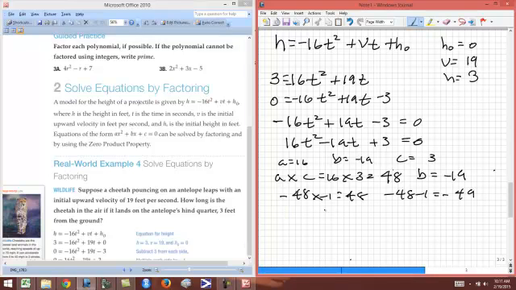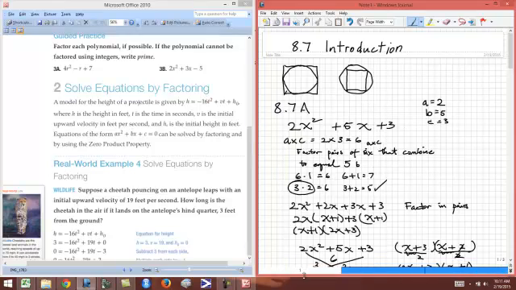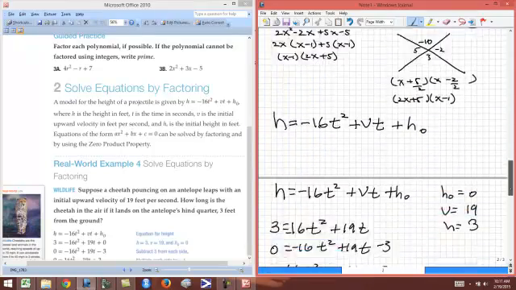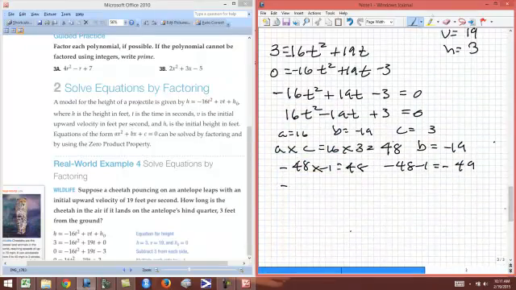And then we'll do negative 24 times negative 2 is 48, and negative 24 minus 2 is negative 26.